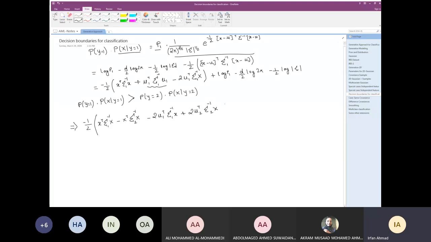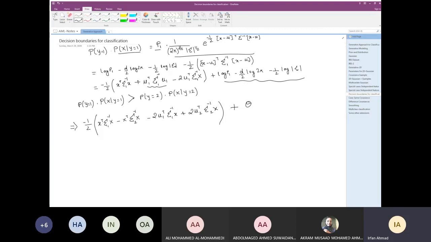The rest, this minus the mu2 transpose sigma inverse mu2 and all these things, are all constants, right? It's constant in the sense that it does not depend on x. So we'll say plus some theta. The only thing which depends on x is this. Is this clear? Good.